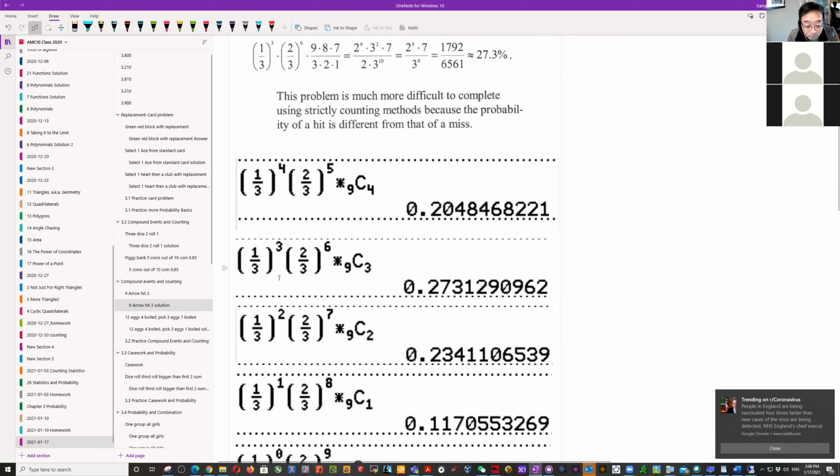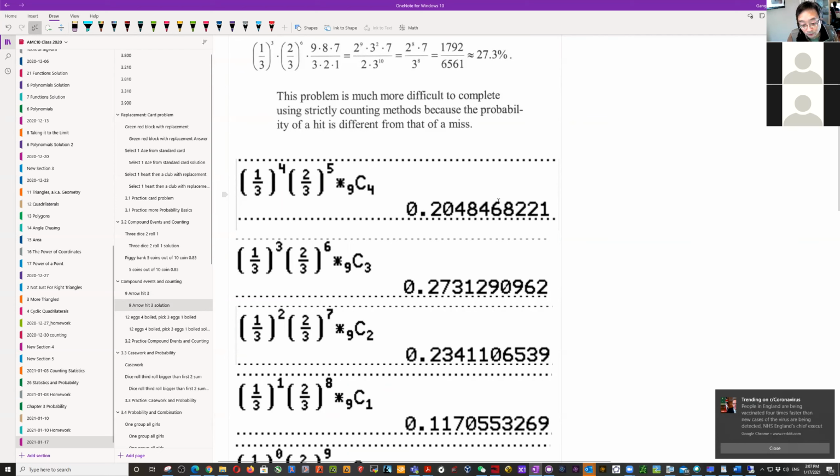Out of 9 arrows, hitting 3 still has the highest chance, but for hitting 4 arrows you have a 20% chance. If we do the math, it's very similar: 1/3 to the 4th power and 2/3 to the 5th power, then multiplied by how many ways I can choose 4 arrow positions from the 9 arrows.